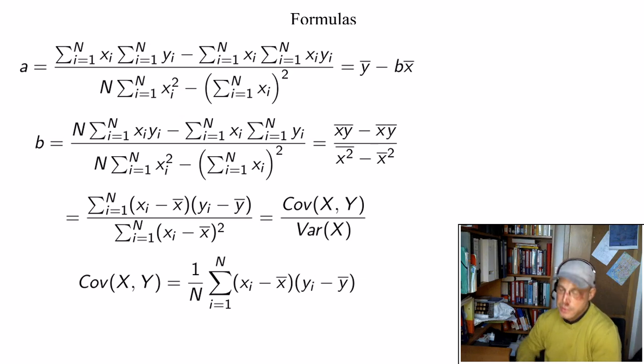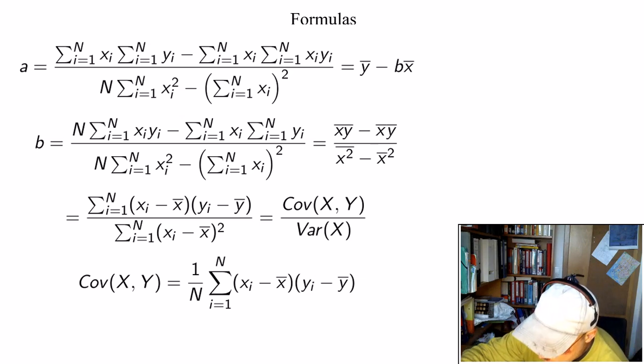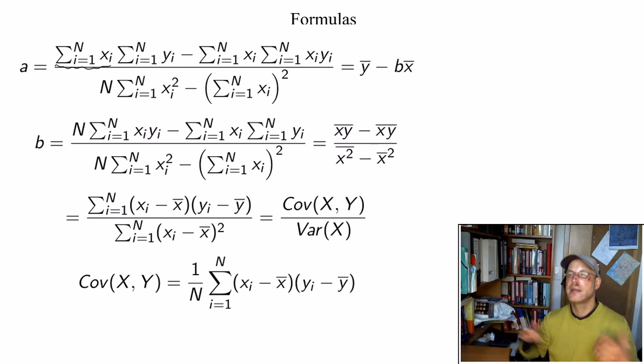Well, and if you look a little bit deeper inside this, then you see here, for example, the sum of xi and the sum of yi, and this is nothing else than n times the arithmetic mean of x and y.